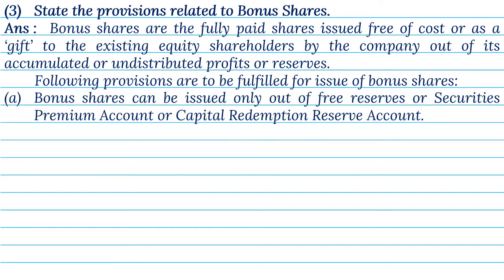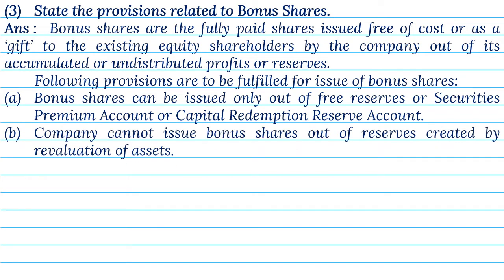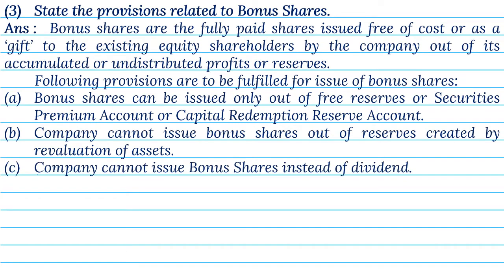A. Bonus shares can be issued only out of free reserves or securities premium account or capital redemption reserve account. B. Company cannot issue bonus shares out of reserves created by revaluation of assets. C. Company cannot issue bonus shares instead of dividend.